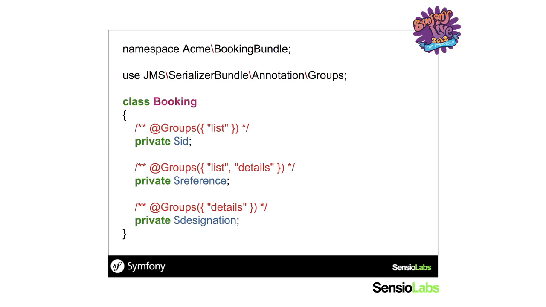So you can group the properties you want to expose. With the @groups annotation, you can say, for example, on my booking objects, I want to have the ID property when I get the list of bookings. The reference will be displayed in both list and details, and the designation will only be displayed in the details.